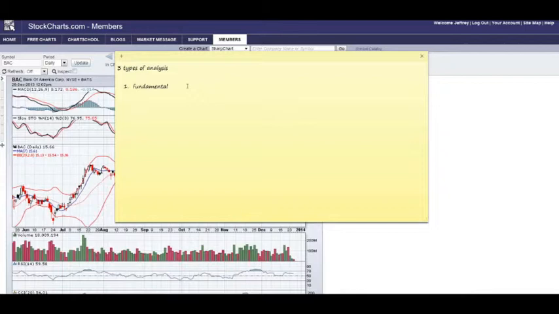Talking about different ratios like a PE ratio or a book value. Fundamental analysis gets into all the company metrics and not so much the price action of the stock, but what's going on internally within the company. By far and away the most popular type of analysis, and also a type of analysis that has just as many flaws or different usages as technical analysis.